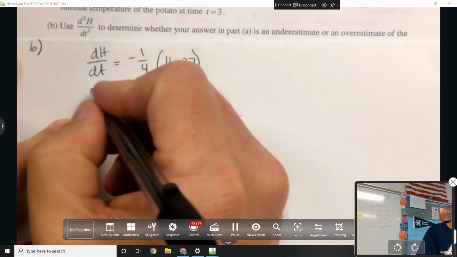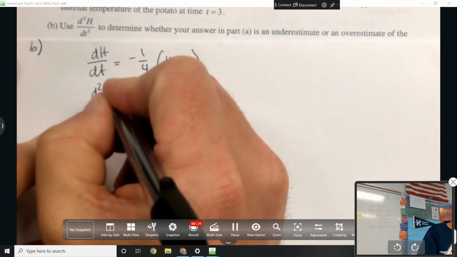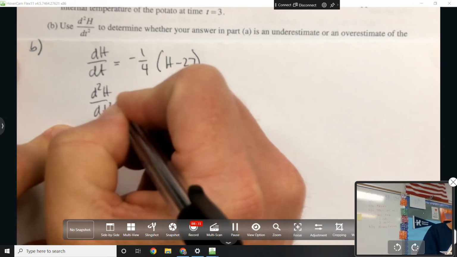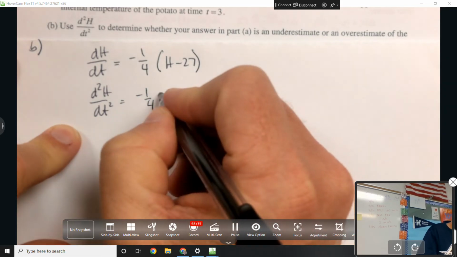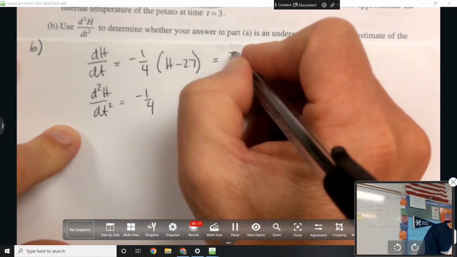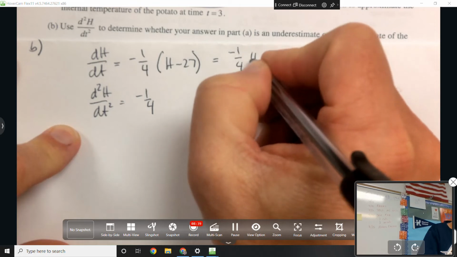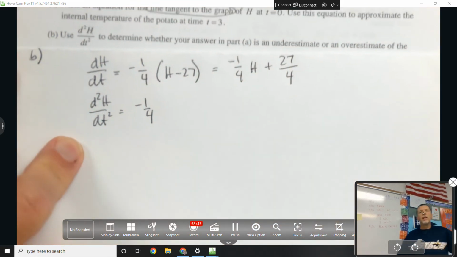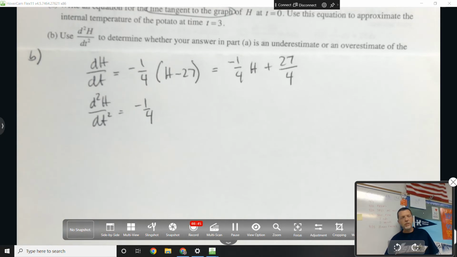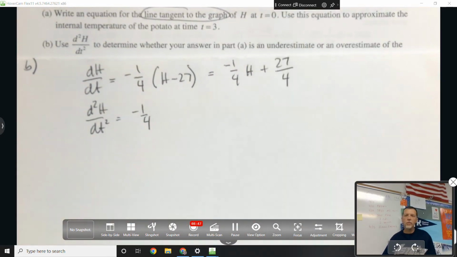So let's see, a second derivative. You know what, maybe it would be easier if I wrote it negative 1/4 h plus 27 over 4. So it's a little bit clearer that the 27 over 4 is going to go away in this one.